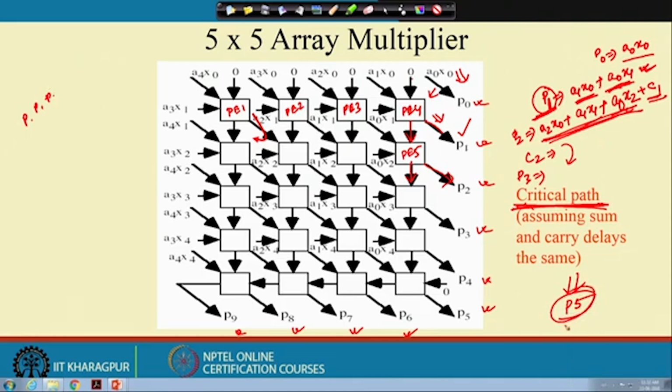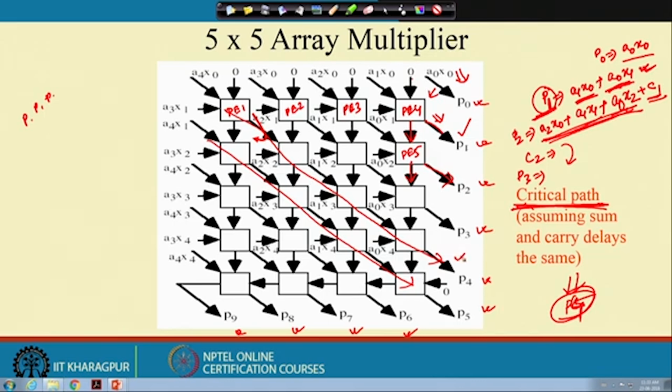So, for P5 position I will get the depth as maximum. Okay. So, P5 or P4. If I consider P4, this is the path it is following, and for P5 this is the path it is following.